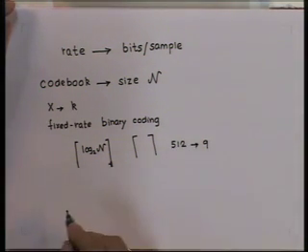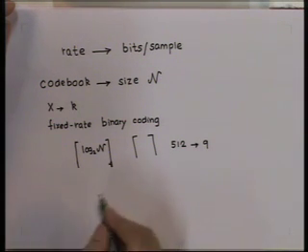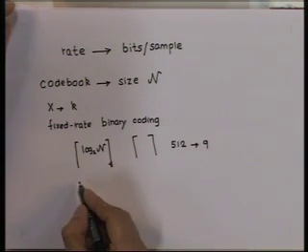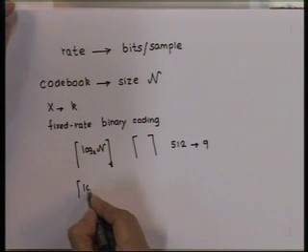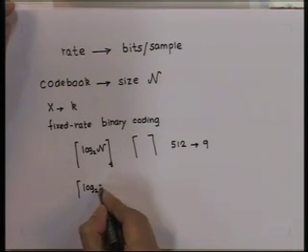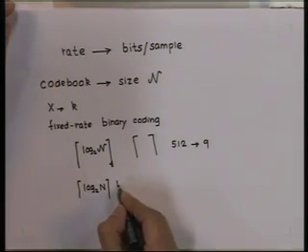The number of bits per input vector of k dimension is therefore ⌈log₂ n⌉ bits.